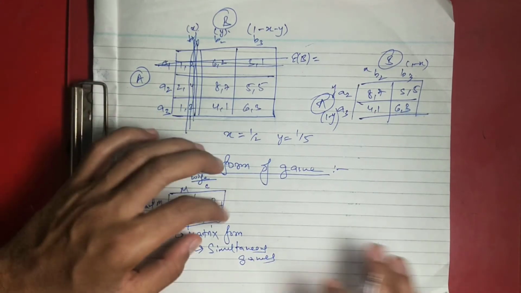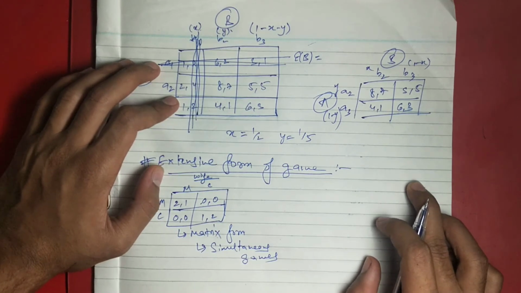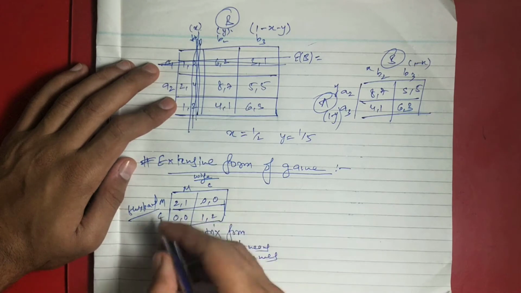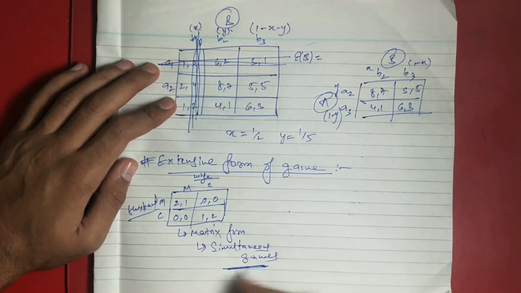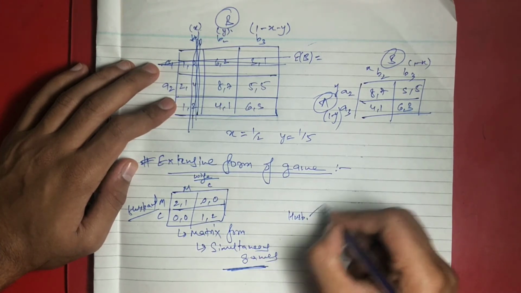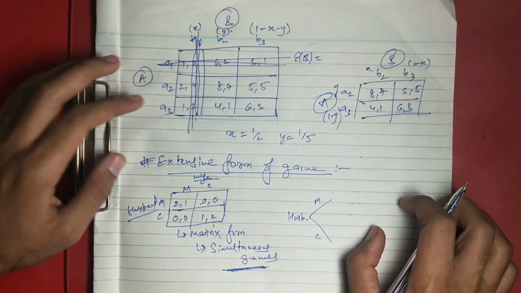Now if I have to write this in tree form, the game tree as we call it, we can start from anyone, because it is simultaneous. So I am writing husband first. Husband has two options, movie or concert, right?